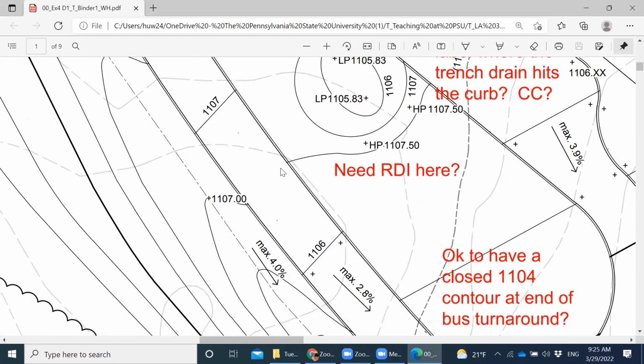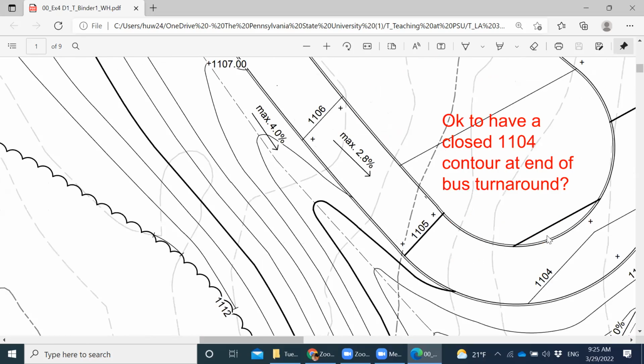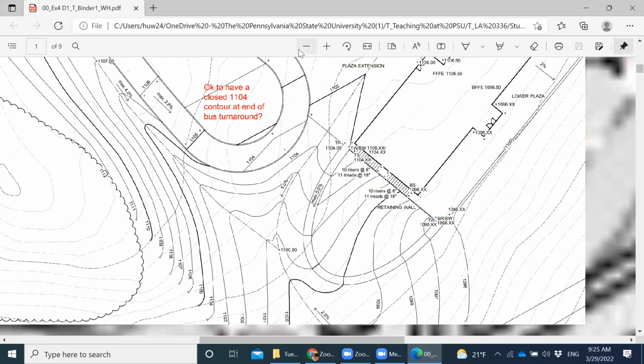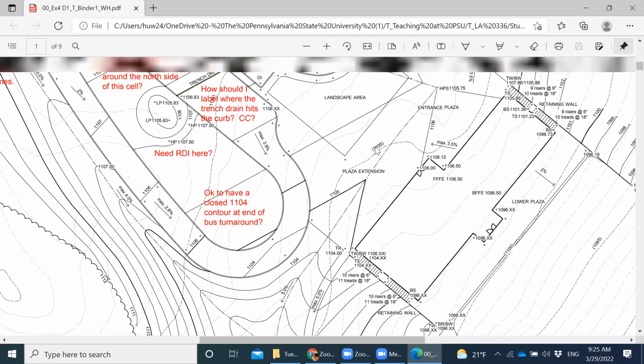No, you don't need one because it will keep flowing down. And this is a 104, close to 104. Oh, 104 here, right? Yes, that's right. 104 is close there, right? Okay, let me zoom out. I think those are all the questions.